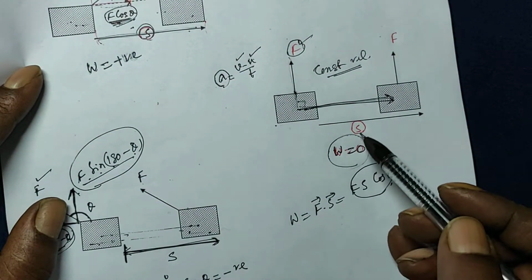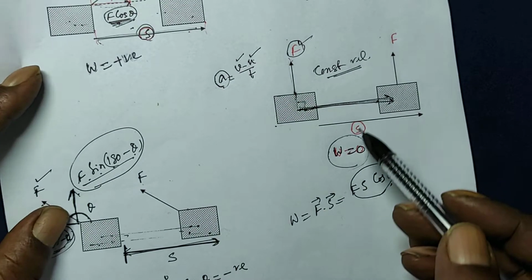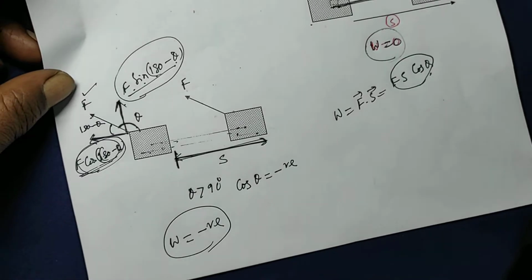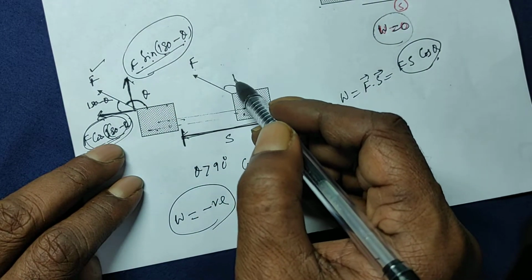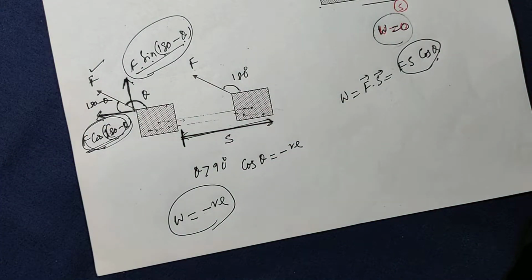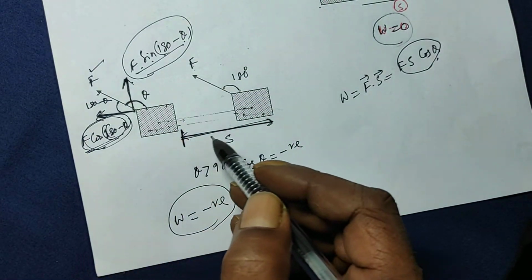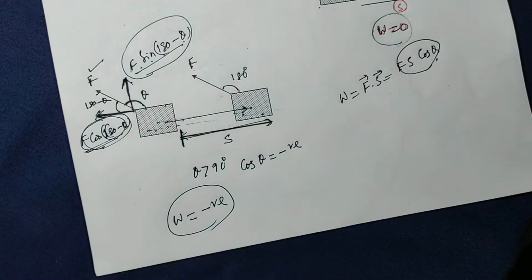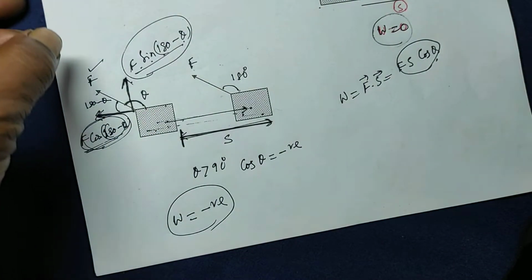In the second case, if theta is 90, the angle between the force and the displacement is 90, work done is 0, so there is no change in the speed. And if theta is obtuse, greater than 90, then the cos value is negative, work done is negative, and the component of this force, which is against the motion of this body, is trying to decrease its speed. So work done is negative and the speed is being decreased in this case.